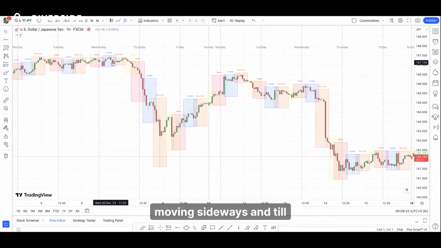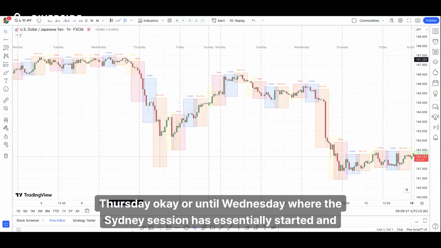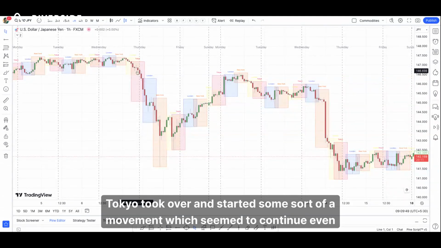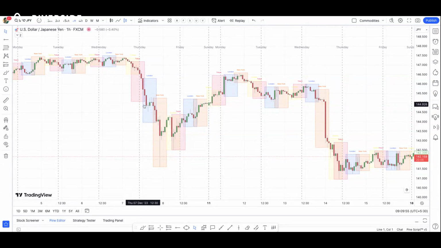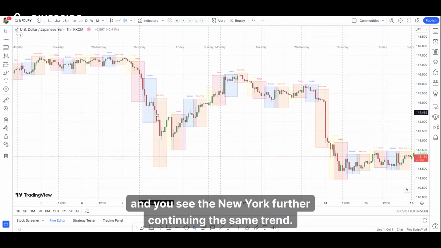It was just moving sideways until Wednesday, where the Sydney session started and Tokyo took over and started some sort of a movement which seemed to continue through the London session as well. And you see New York further continuing the same trend.